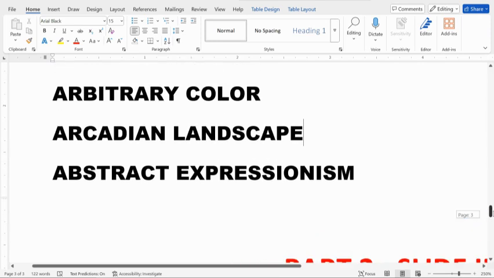All righty then. Arbitrary color is on the test. Arbitrary color is imaginative color. In fact, I have arbitrary color up on those artworks that are up on the wall.